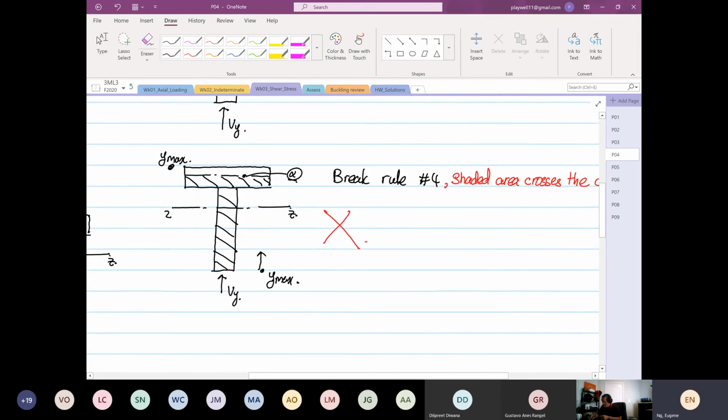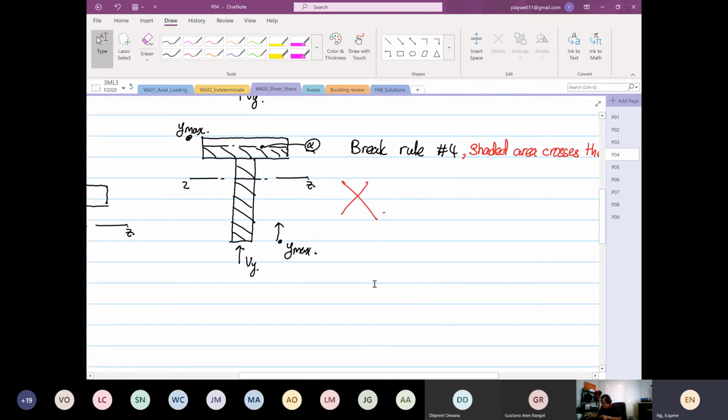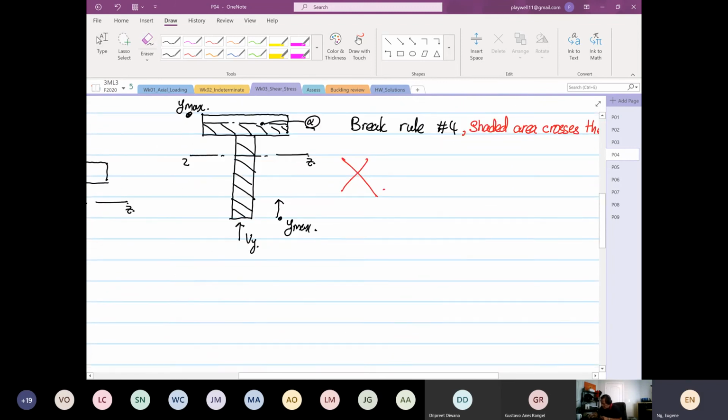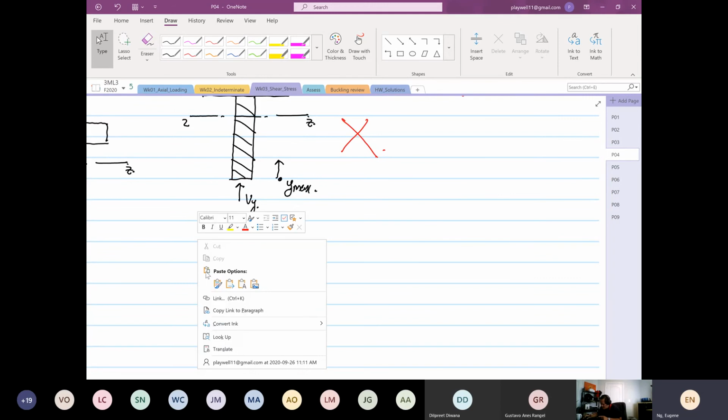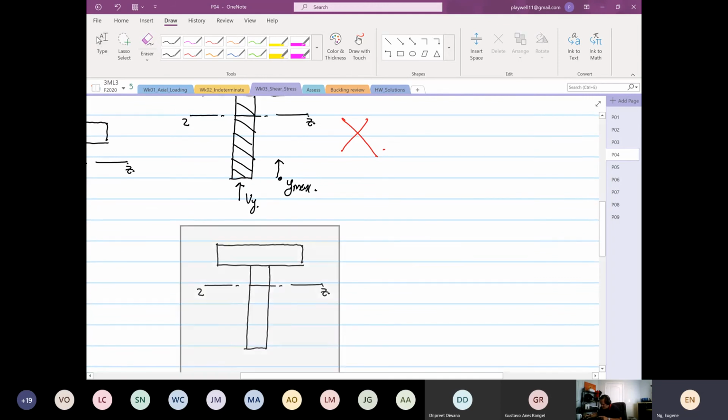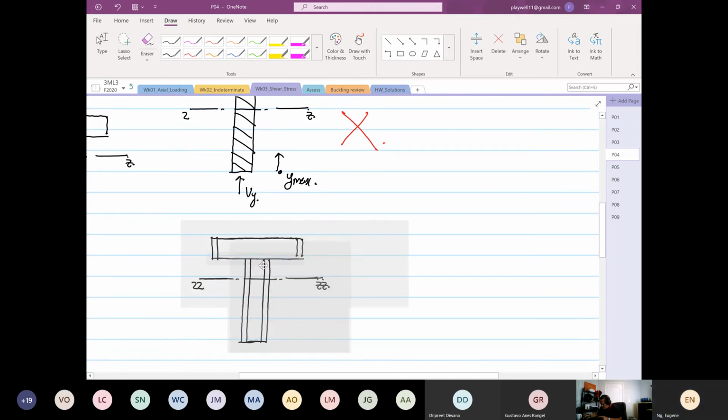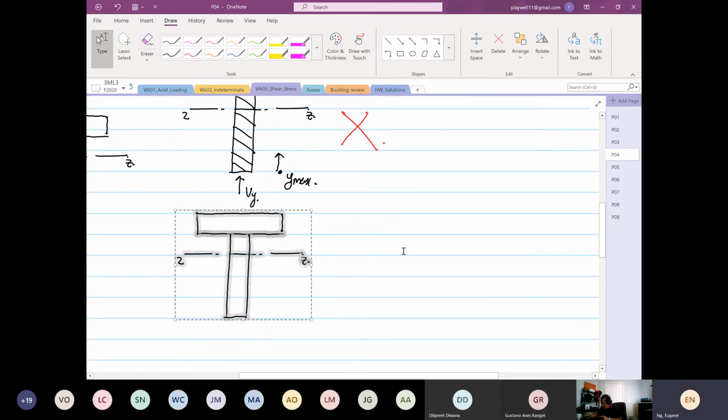Some of you may ask, if this is wrong, then where is correct? So the other possibility is, if I take the same situation again, Vy is from below, and the point of interest is over here, alpha, and I'm going to do the analysis over here.